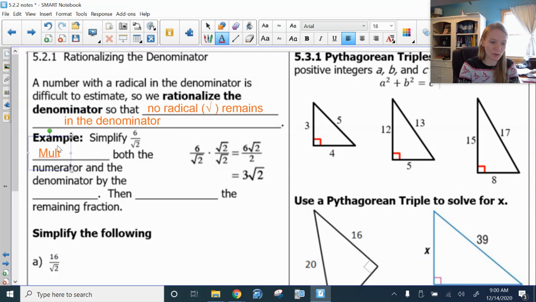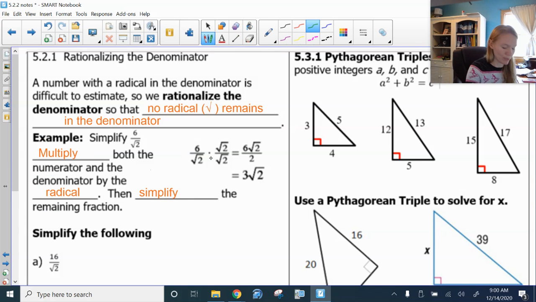So to do this, we multiply both the numerator and denominator by the radical, and then we simplify anything that remains in the fraction. So we have a nice little example right here. I have 6 divided by root 2. So what I'm doing is multiplying both top and bottom by the same thing.